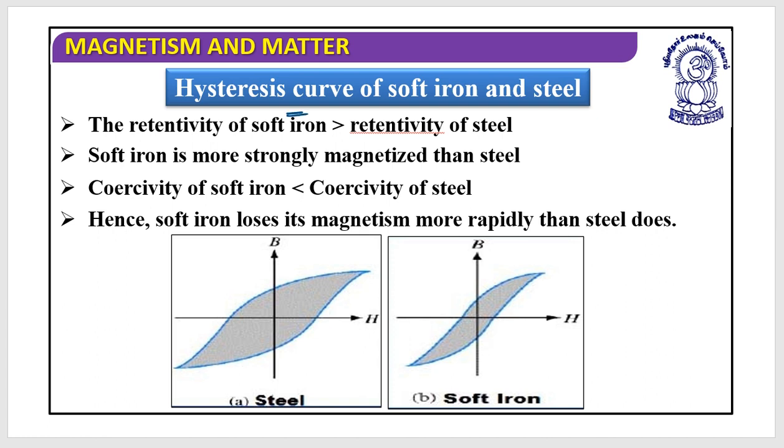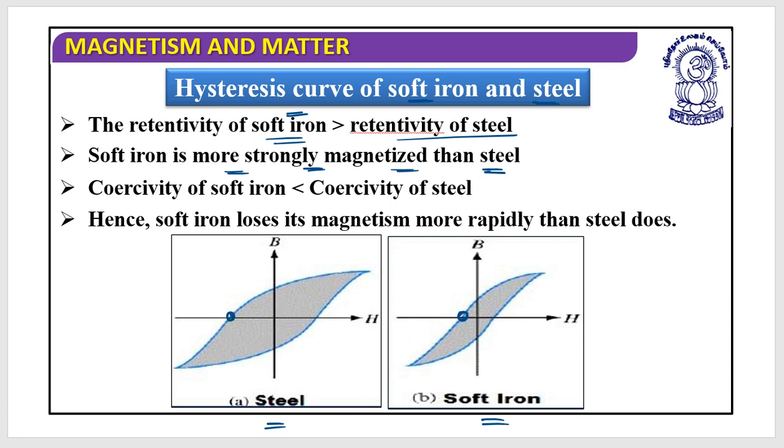Now let's look at the analytical studies of the hysteresis curve of the soft iron and the steel. So we have drawn these two hysteresis curves, one for the steel, one for the soft iron. You can observe that the retentivity of soft iron is greater than the retentivity of steel. One more thing, soft iron is more strongly magnetized than the steel. Coercivity, look at this.